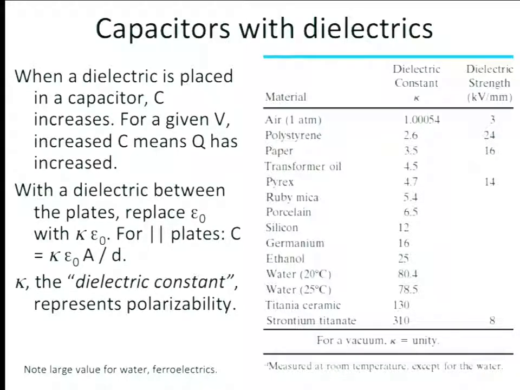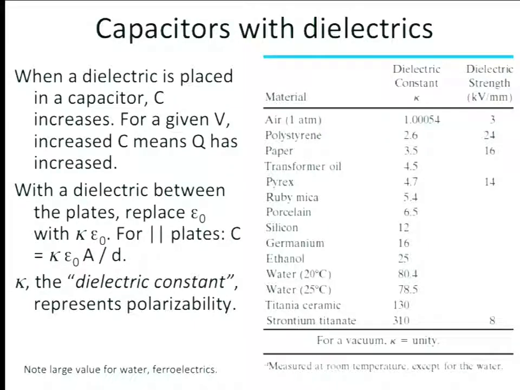These are permanent dipoles built into the structure of water. And we said that when you put them in the field, they reorient and you get a big polarization. And then we had the third case, which was ferroelectric, where these dipoles line themselves up even in the absence of a field.